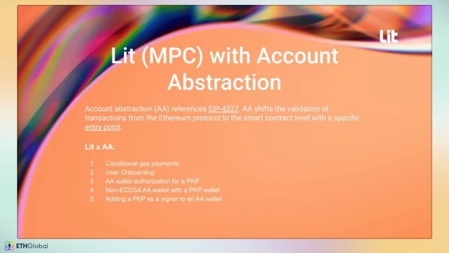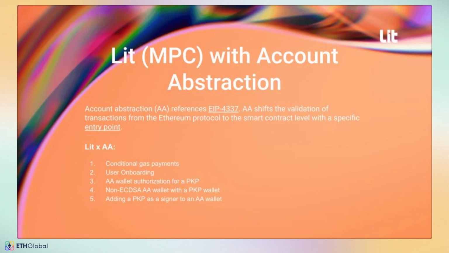Here you can use Lit with account abstraction by setting conditional gas payments, so a PKP wallet pays for gas fees when certain conditions are met. For user onboarding, you create a smart contract account for someone new to Web3, where the signer can start as an MPC key authorized through a Web2 account. And then AA wallet authorization for PKP: smart contract accounts with signing capabilities through PKPs.